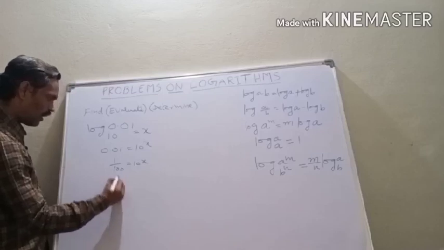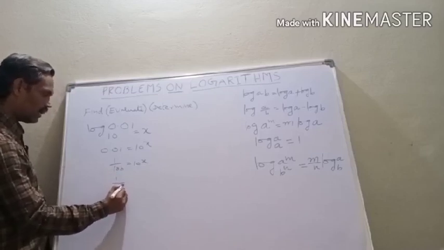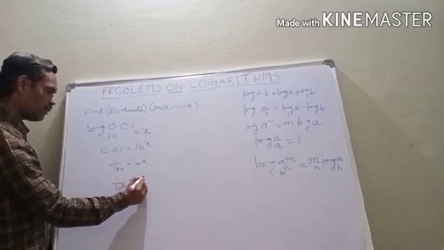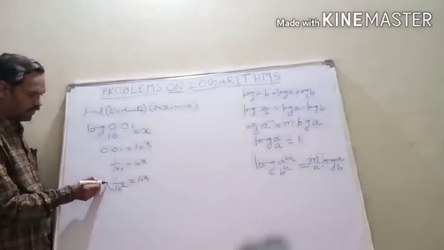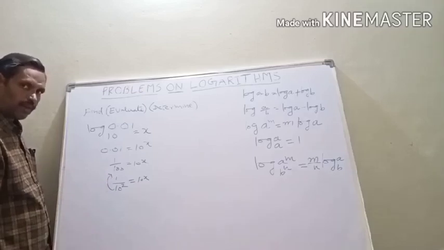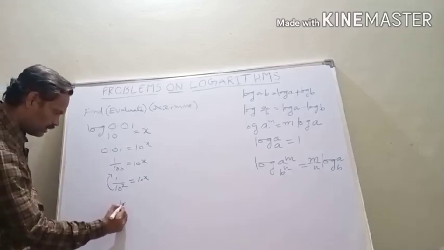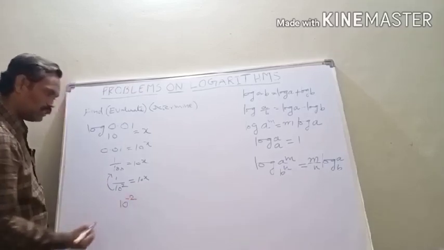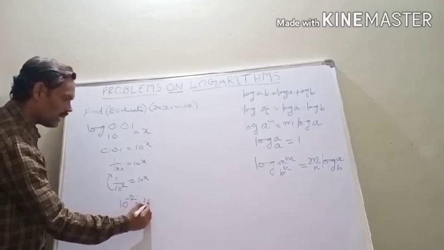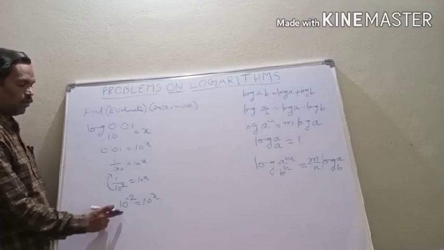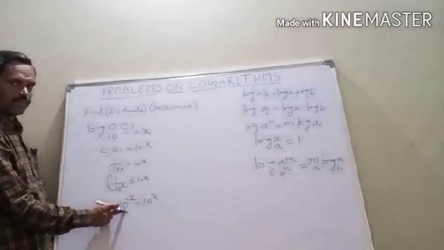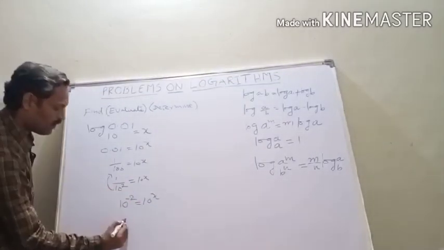Now here 1 by 100 can be written as 1 by 10 square, which is equal to 10 to the power of x. If you transpose 10 square from denominator to numerator, what happens? Can you remember? It is nothing but 10 to the power of minus 2 is equal to 10 to the power of x. Okay, is it clear? Now, if you observe both bases are equal, then exponents are equal.